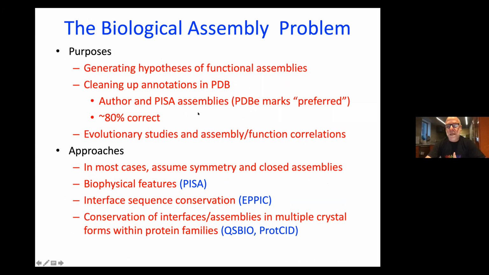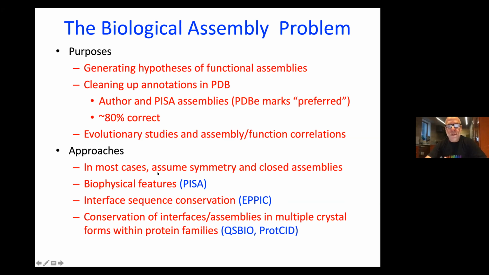We think that these assemblies that are in the PDB are about 80 to 90% correct, depending on what subset you take. So we would like to be able to clean up some of those annotations. And then finally, evolutionary studies, looking at the same assembly in many different proteins within a protein family, and some proteins that have different assemblies depending on their functional states, modifications, et cetera.